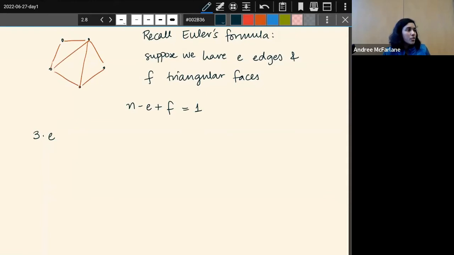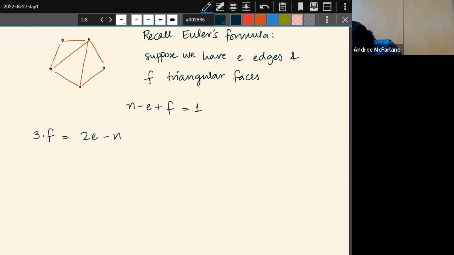Of course, this means you count most edges twice, because each edge bounds 2 triangles, unless it's an edge on the outside. So 3f is 2e minus n, because there are n external edges.